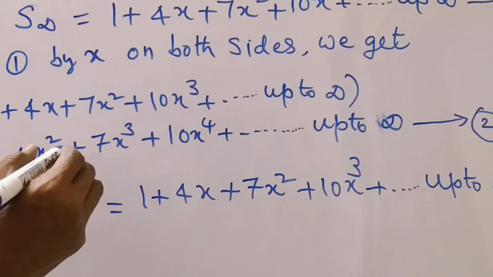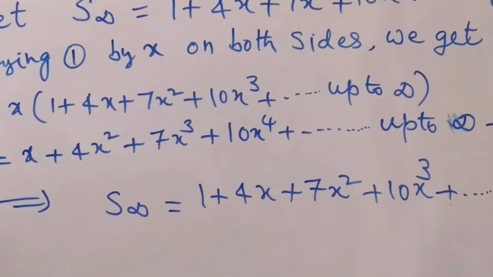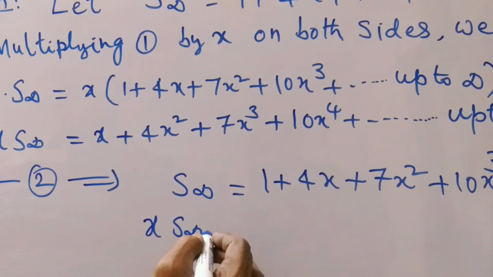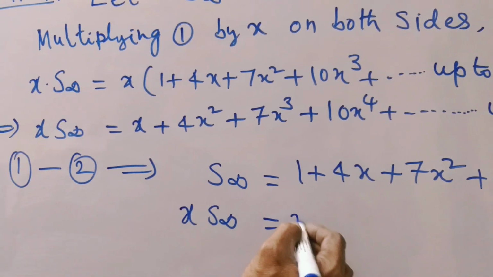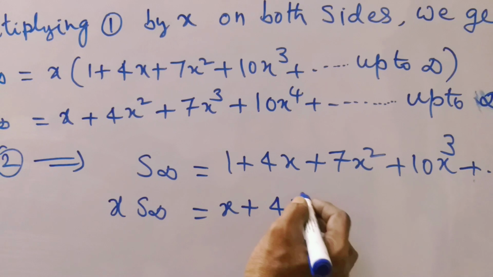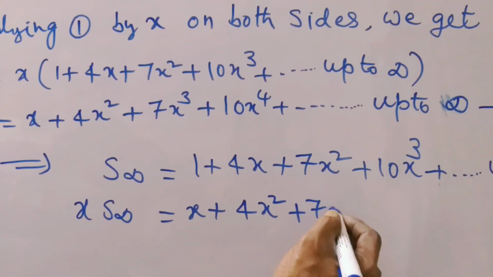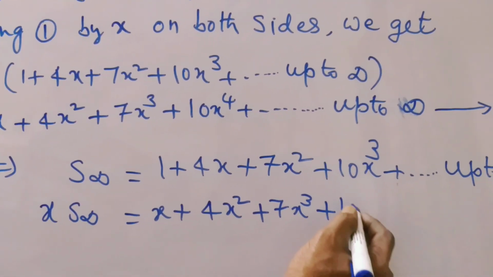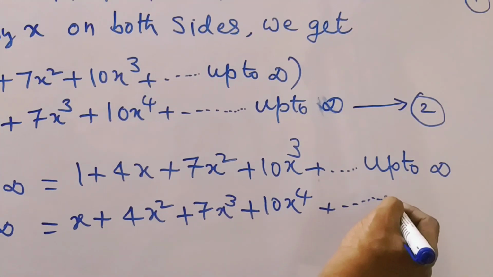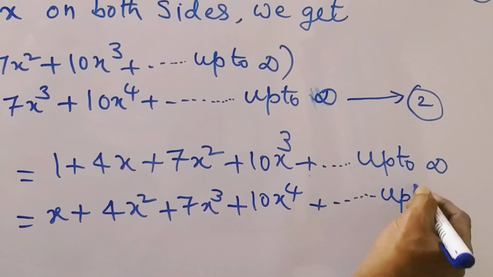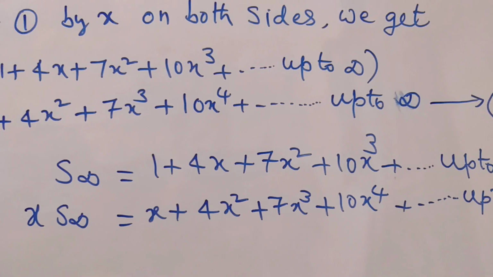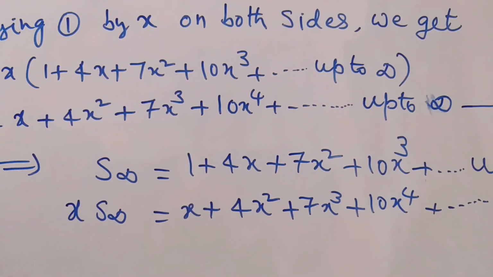And from the second, x into S infinity is equal to x plus 4x square plus 7x cube plus 10x to the power of 4 plus and so on up to infinity. Now we are subtracting the second from the first equation.